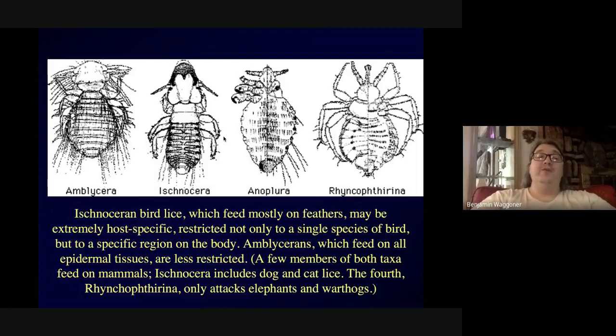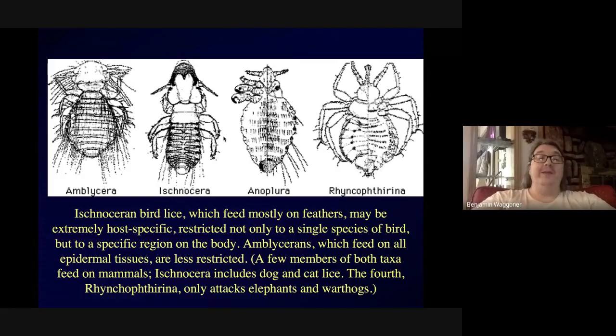Ischnocera are noted for being extremely host-specific. In some cases, they are restricted not only to a single species of bird, but a specific region of a bird. You might have 2 or 3 species on one bird individual, each one adapted for a specific body part.